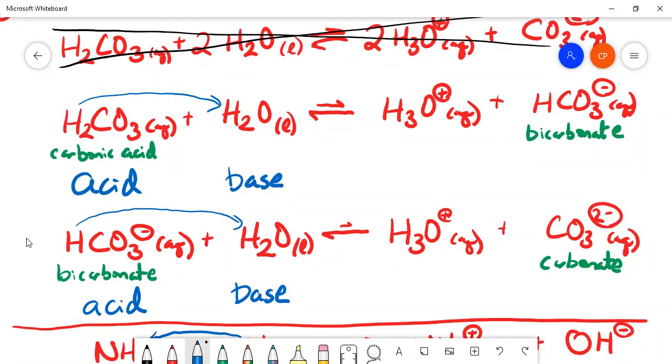If we look at this reaction here in the reverse fashion, with the right side shifting left, well, who on the right side is acting as the acid? Who gives up hydrogen ions among what's on the right-hand side?